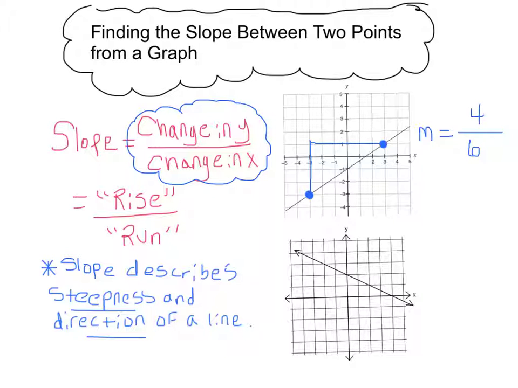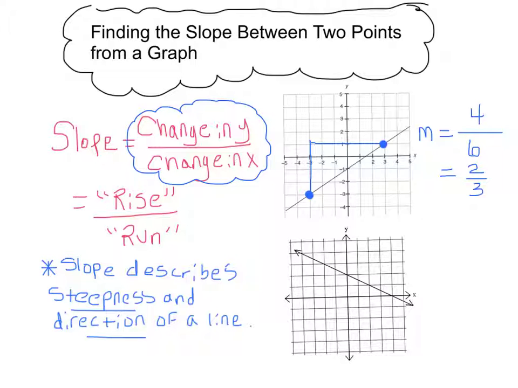Now there are a couple things to notice. One is that 4 divided by 6 is a number, it's a fraction, that has different representations. Another representation is 2 divided by 3, if we reduce that fraction. And 2 divided by 3 is equally valid in describing the slope of this line.